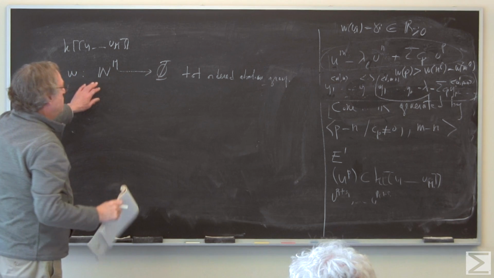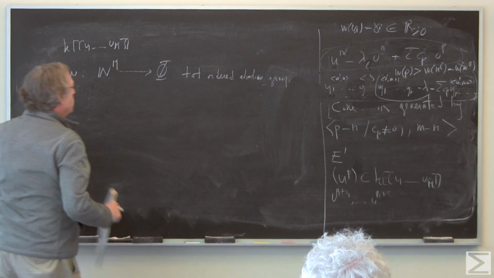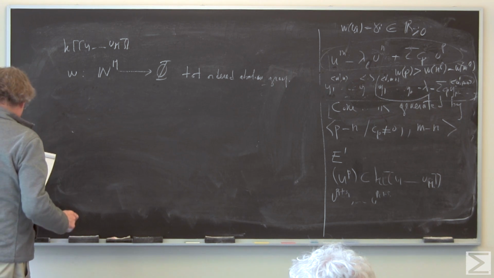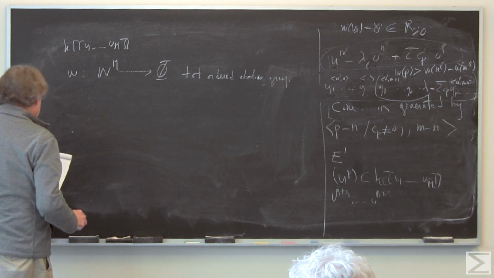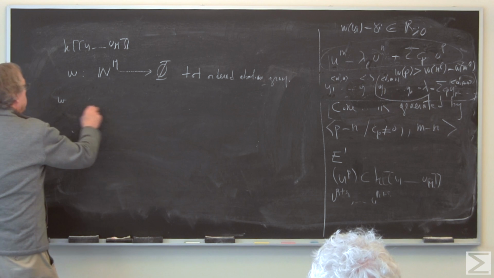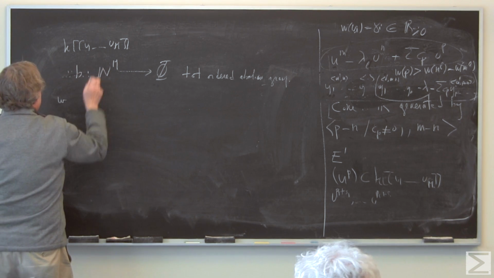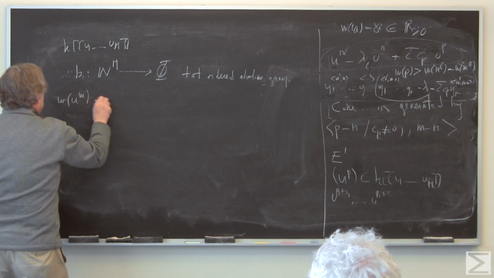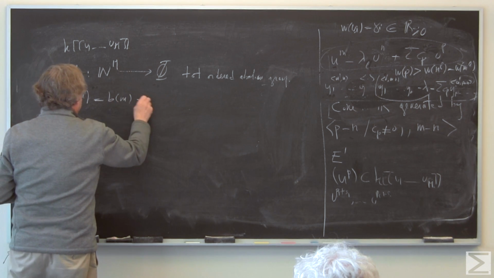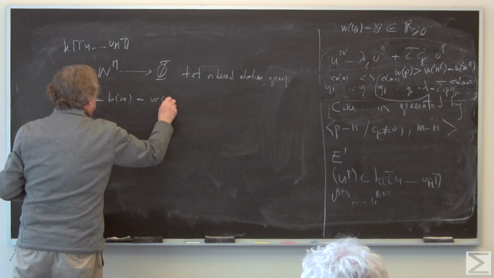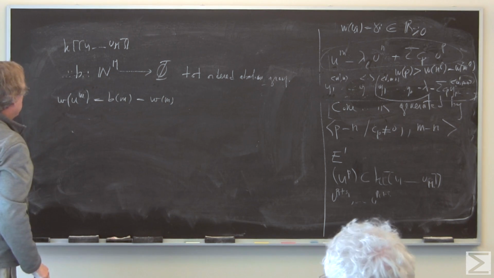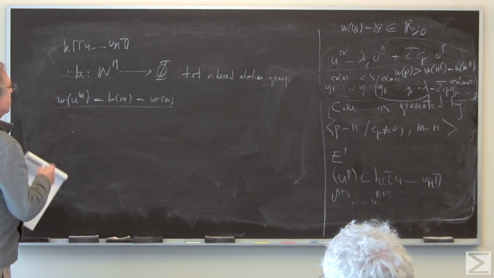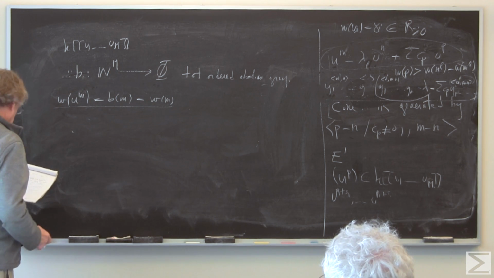Actually, because this is finitely generated, one can reduce this to a finitely generated abelian group, of course. But I won't go into this because it takes a little time. And so let's call this map B, and W of a monomial M is B of M. So often I will just write W of M. B and W are so closely connected that one can confuse them. So this means only that any monomial has a weight.